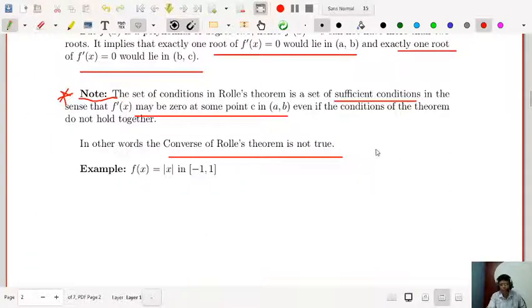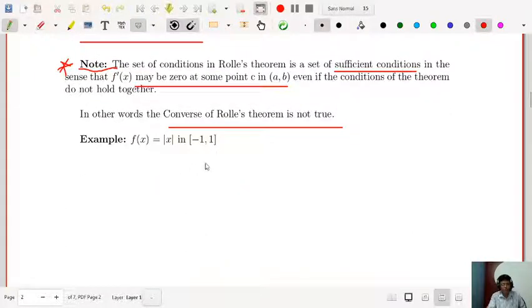For example, suppose let me give you the mod x example. You see, mod x is not differentiable. I can show you, like this is the curve.